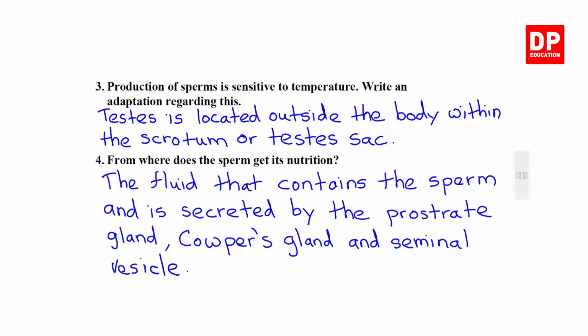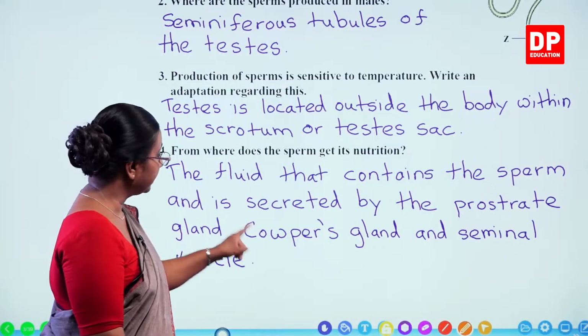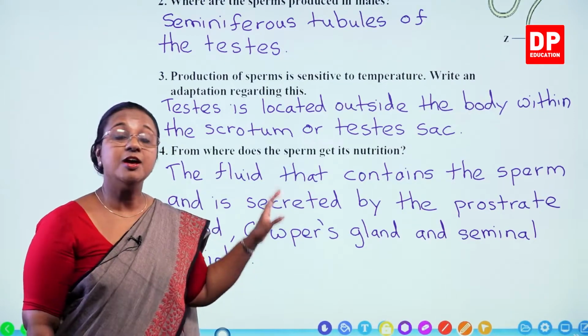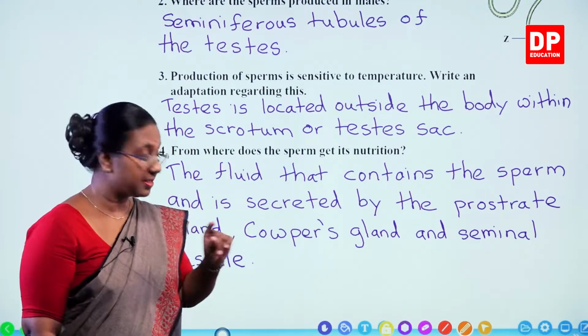So the secretion is from 3 glands: prostate gland, Cowper's gland, and seminal vesicle. All of them together produce the fluid. From the fluid only sperm gets its nutrition.